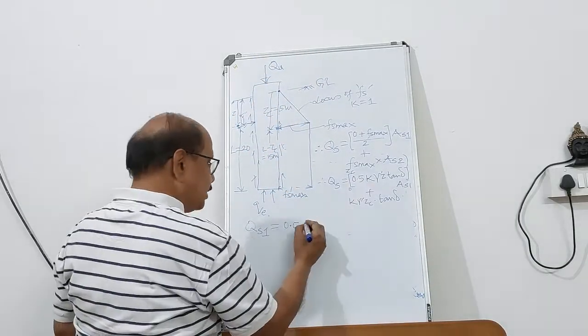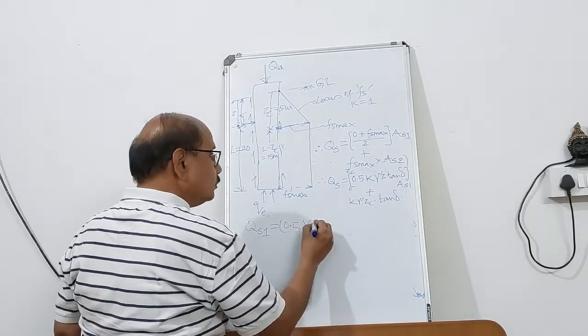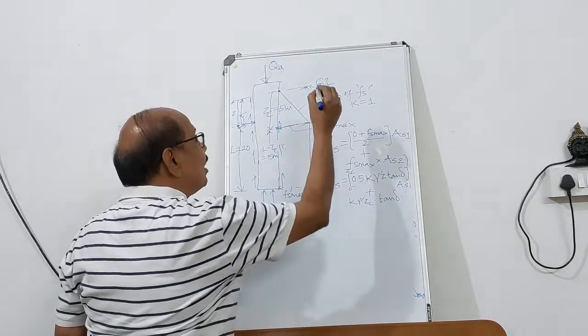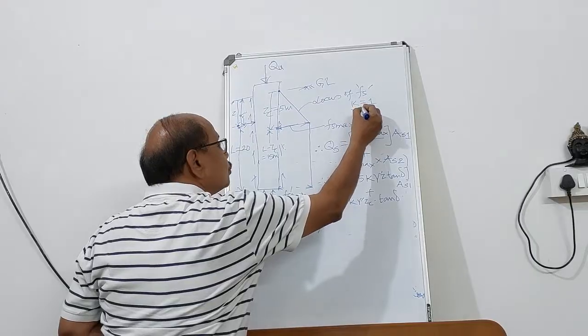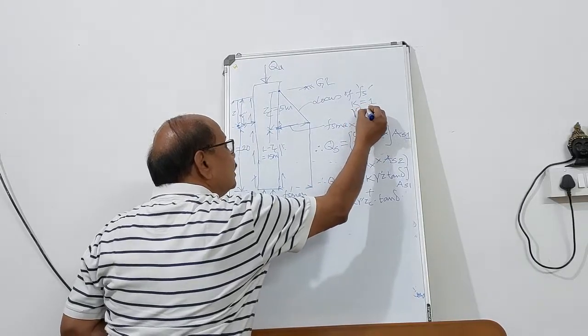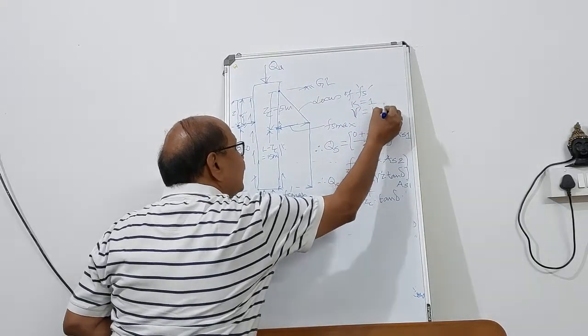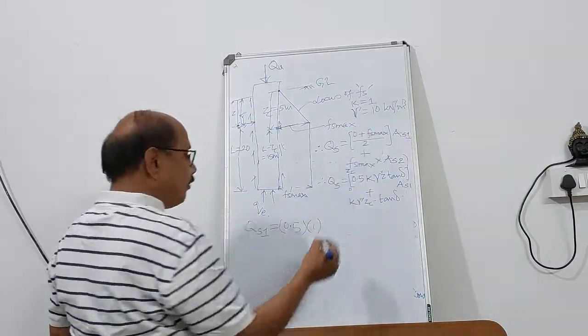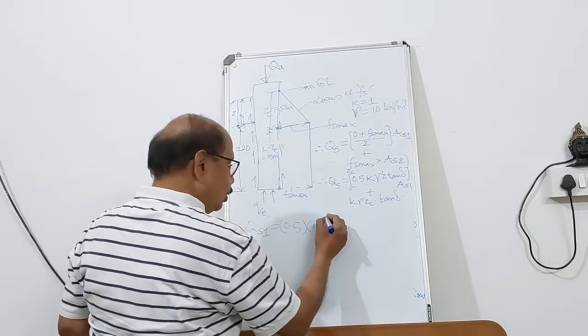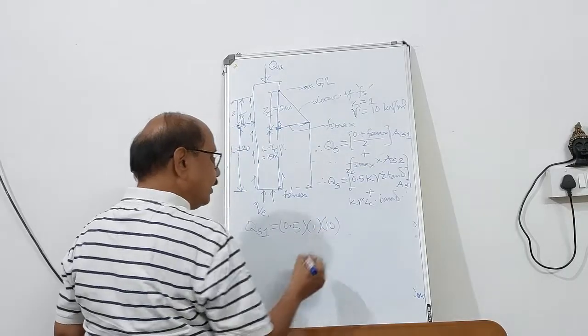So K is 1. Gamma prime is the property of the ground. So let's say gamma prime is given to you as 10 kilonewton per cubic meter, the effective unit weight. So you need to multiply it by 10.